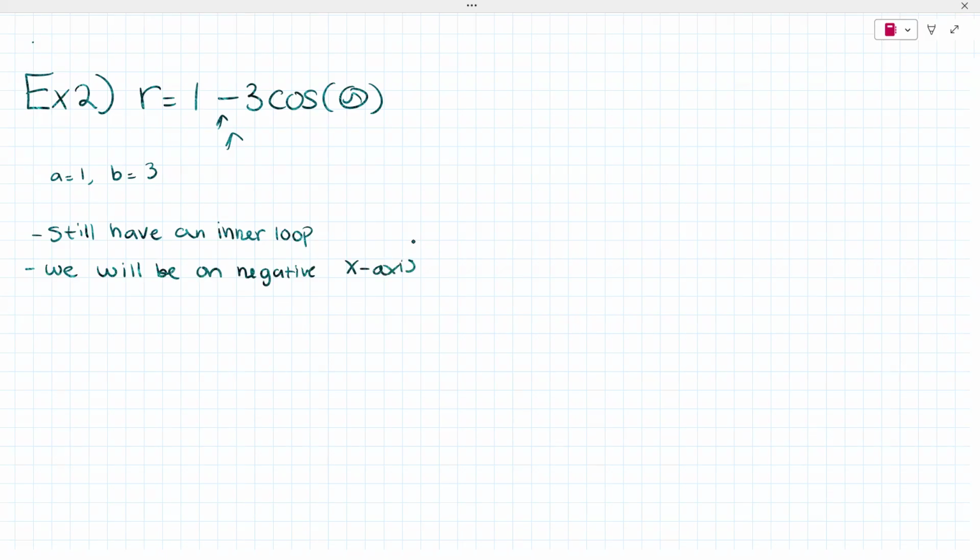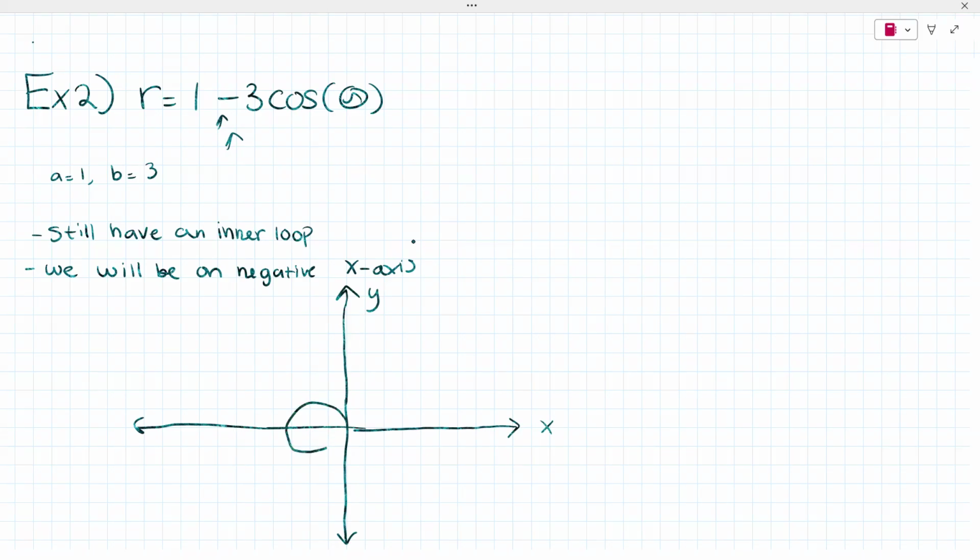So it would look something like this. You could make a table to make it look more detailed.